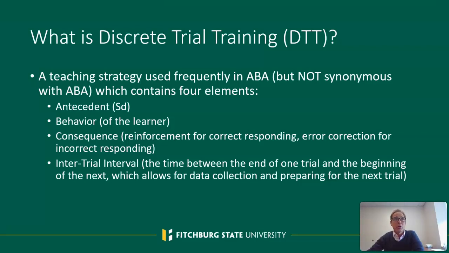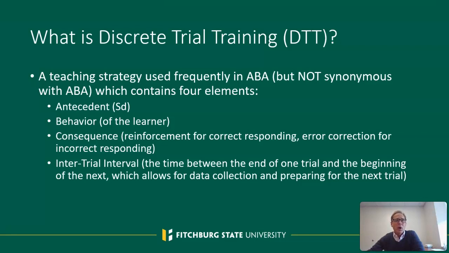That being said, discrete trial training is a teaching strategy that is very often used as part of an ABA approach. And again, it contains 4 elements, which includes an antecedent, which is a discriminative stimulus, the behavior of the learner, some consequence for that behavior, which is either reinforcement for correct responding or some form of error correction for incorrect responding, and then an intertrial interval, which is basically the amount of time that elapses between the end of one trial and the beginning of the next trial.